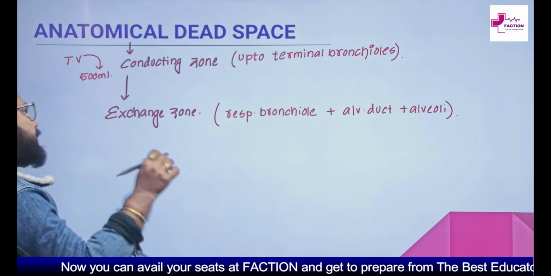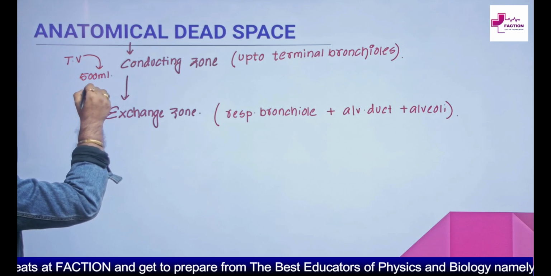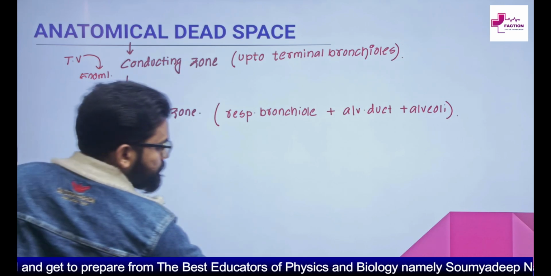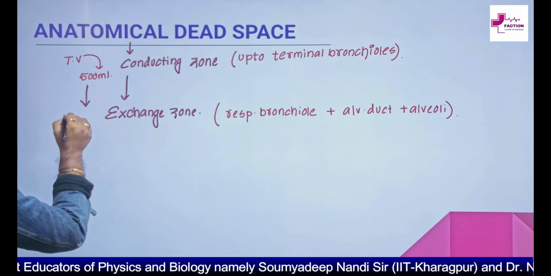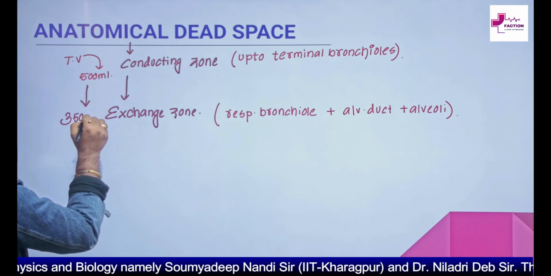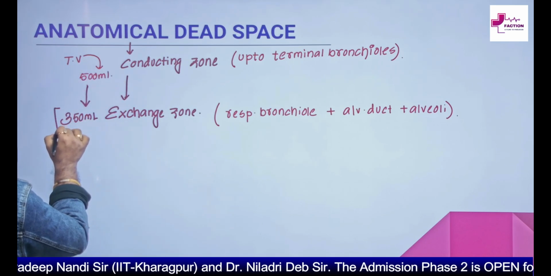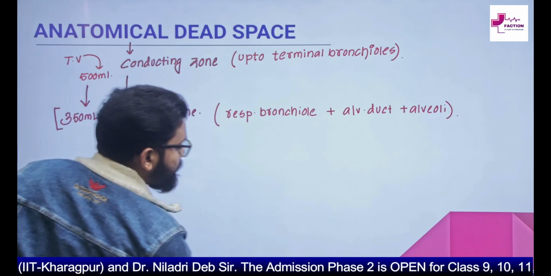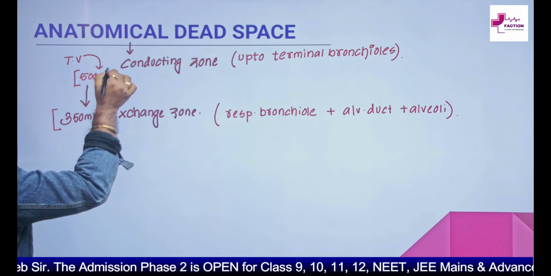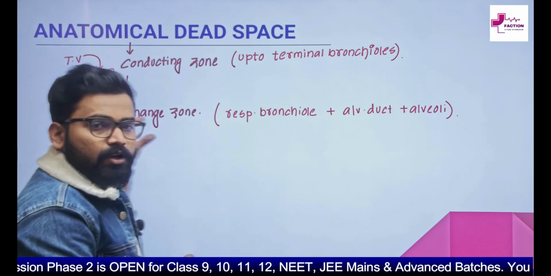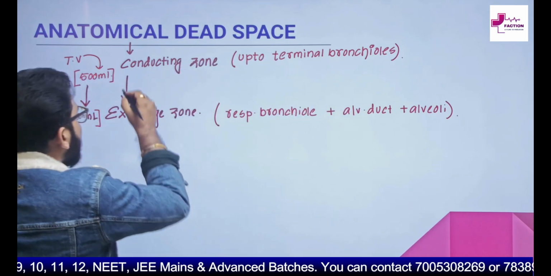But out of this 500, approximately 350 ml is actually available to the alveoli. That is, somewhere around 150 ml is still present in the conducting zone.